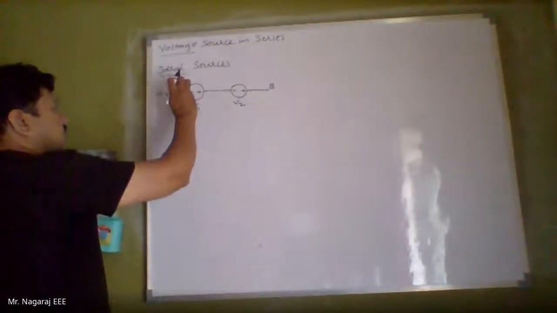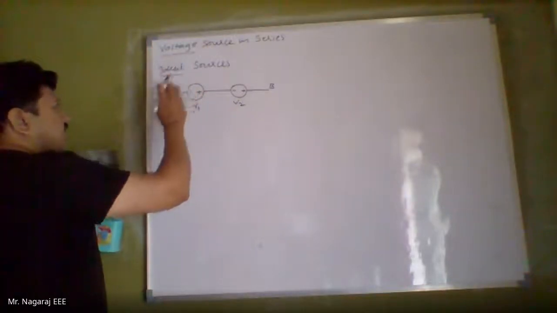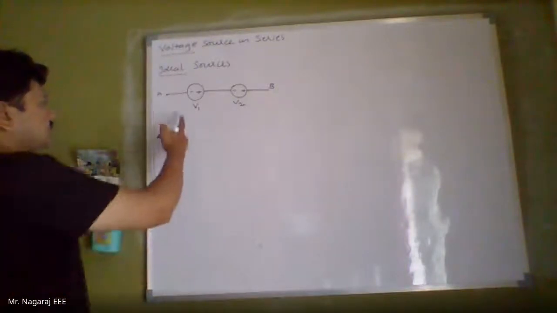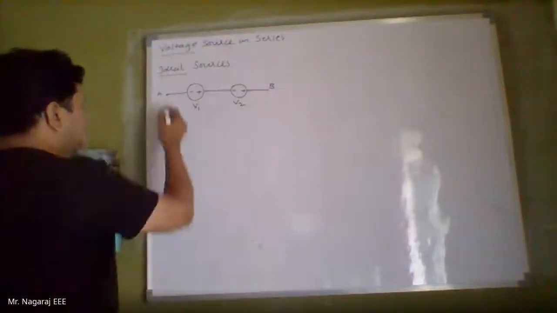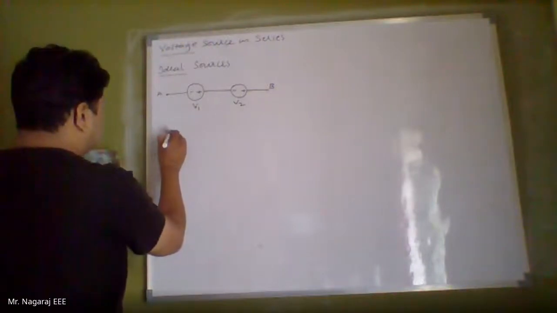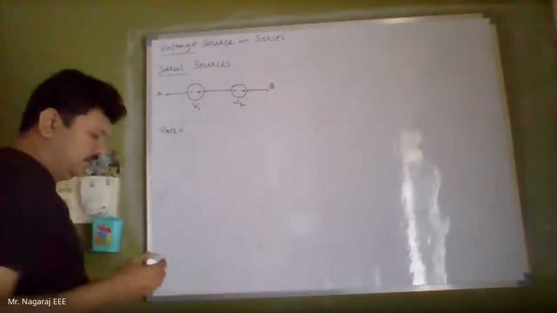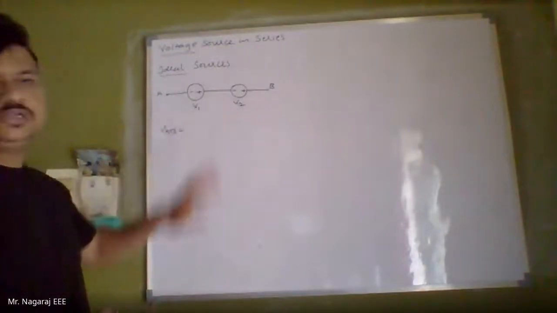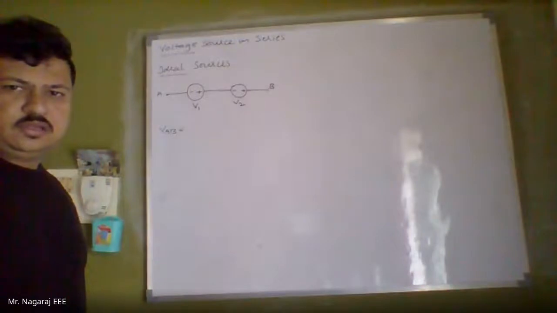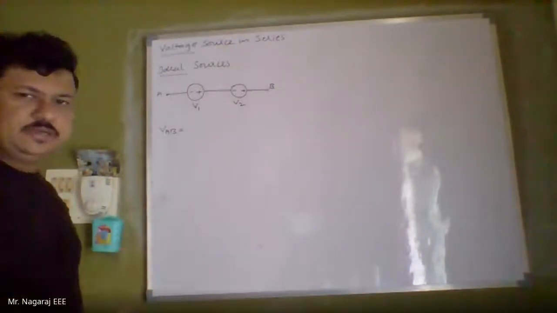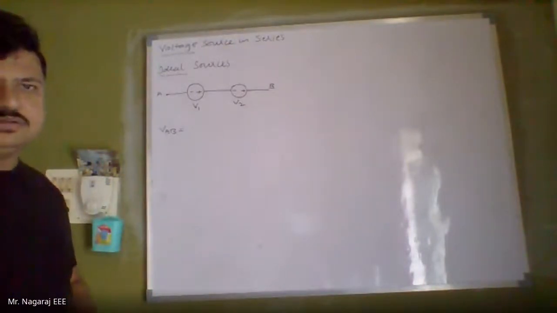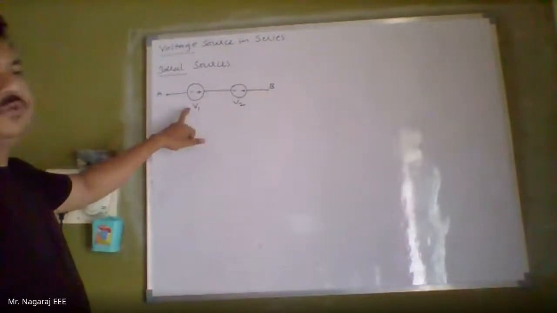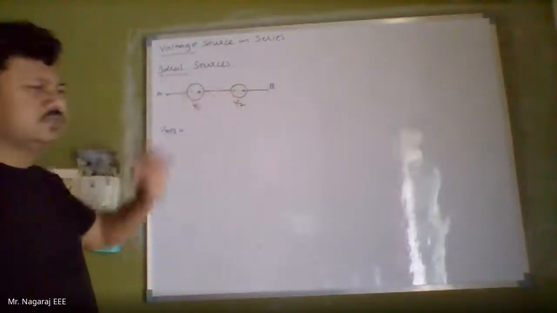Because space is less, I am using the horizontal way of drawing the diagrams. Now observe, two voltage sources are connected in series. What is the voltage VAB? It will be the effective or equivalent value of these two voltages. Either it will be V1 plus V2 or V1 minus V2, depending on how the polarities of the sources are connected.